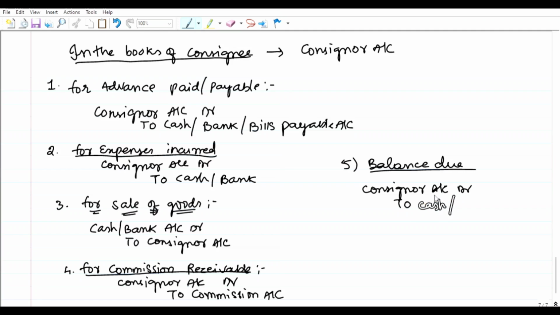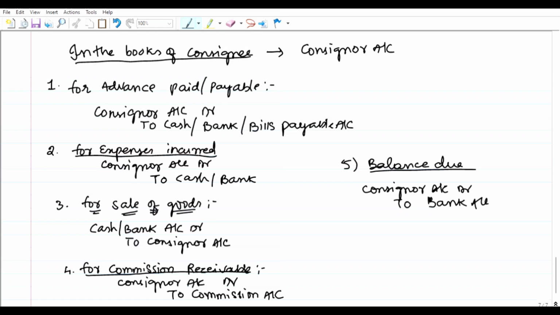The draft should be sent through the bank, so directly we can write bank account. The consignor will be receiving the money: consignor account to bank account. So these are the entries which the consignee records in his own books.